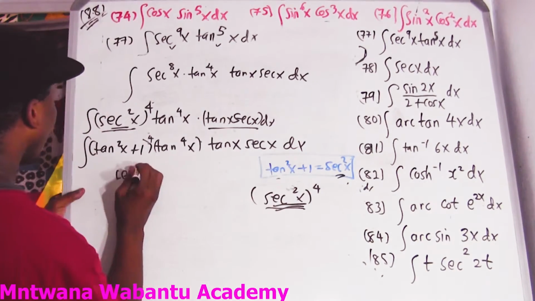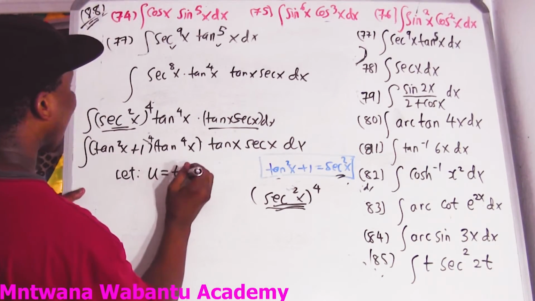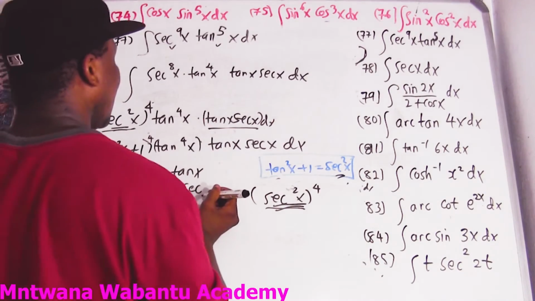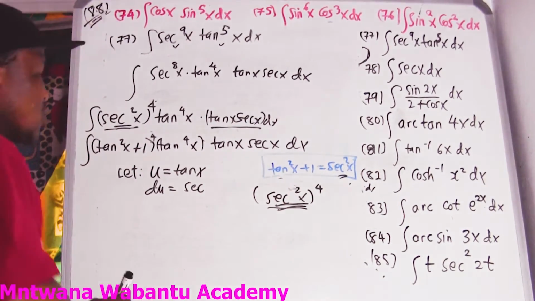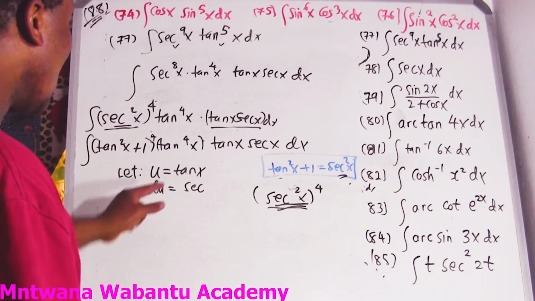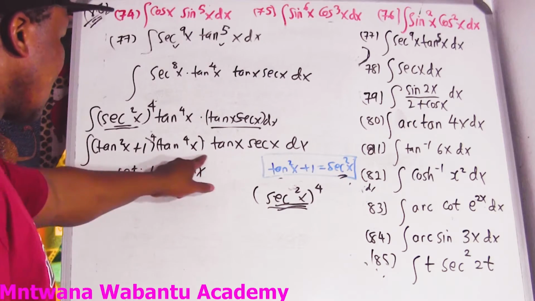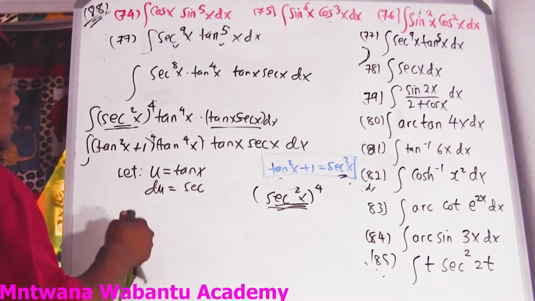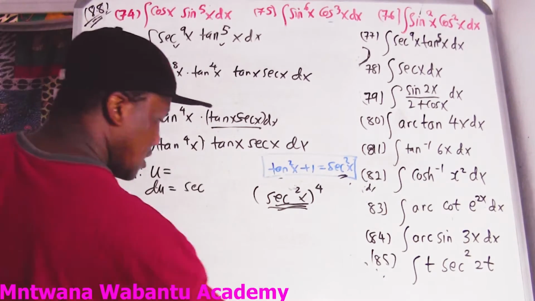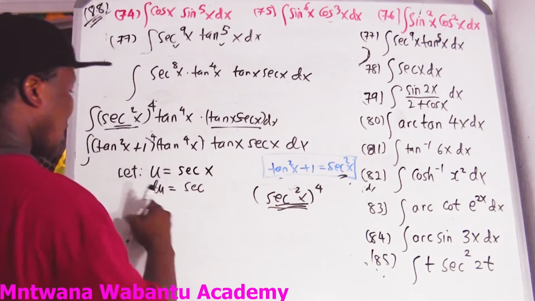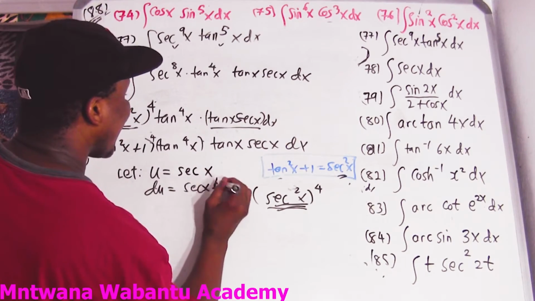If I let u equal tan x, then differentiating tan gives sec square, so I need to let something with sec. So I'm going to let u equal sec x, and the differentiation is sec x tan x.